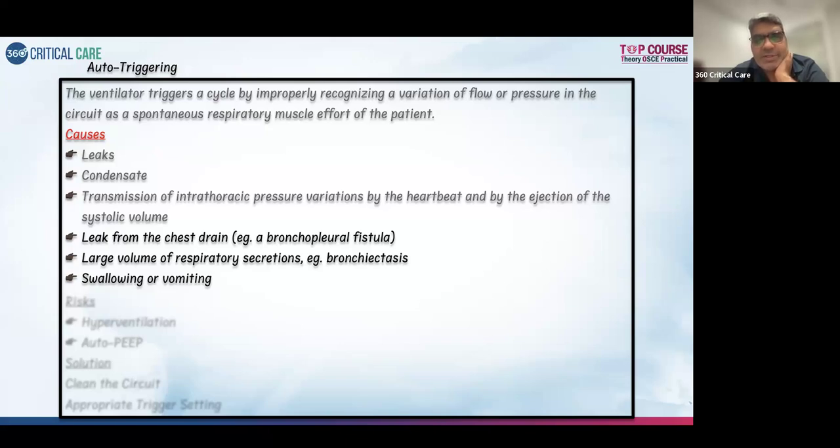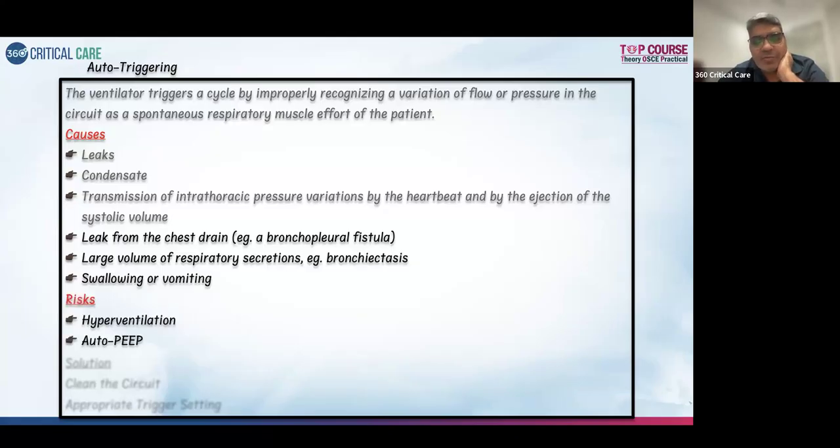Transmission of intrathoracic pressure variation by heartbeat or by the ejection of the systolic volume can also trigger it. Any sort of leak in the circuit, such as a chest drain or a bronchopleural fistula, can cause that. Even a large amount of respiratory secretions, like in patients with bronchiectasis, can cause this. And also simple swallowing or vomiting of the patient can cause auto triggering.